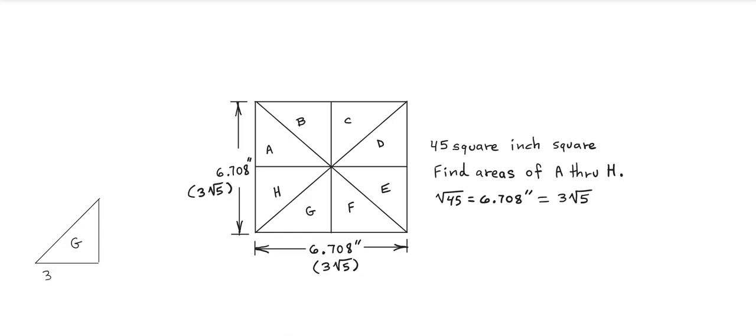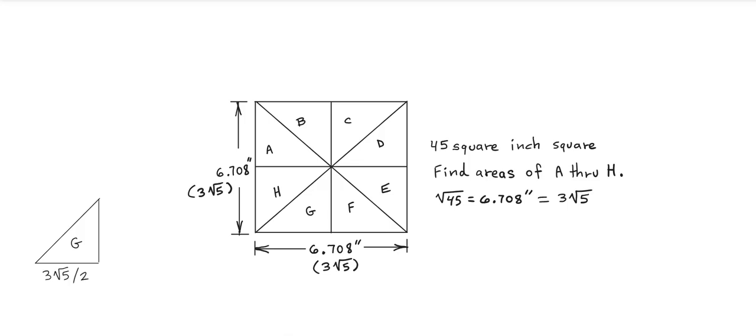So if we isolated, let's say, triangle G, we know that the symmetry of the triangles is such that at least on the corner it is bisecting a 90-degree angle into two 45-degree angles at these corners here. So this can be a reliable triangle to extract for analysis.